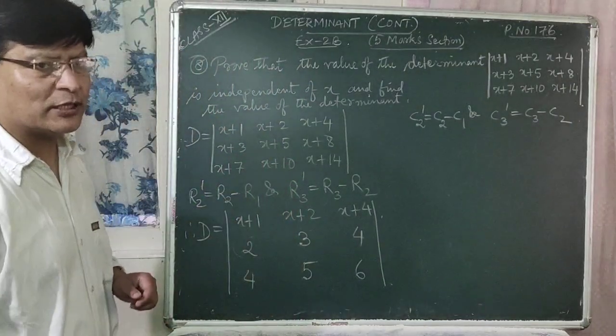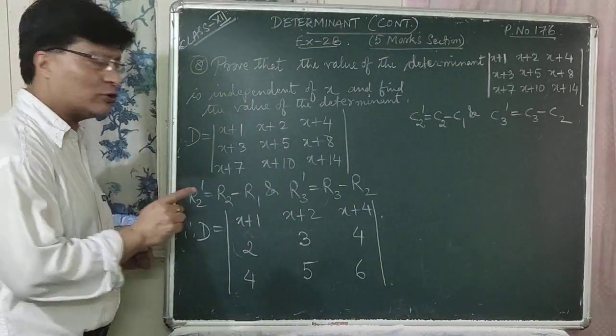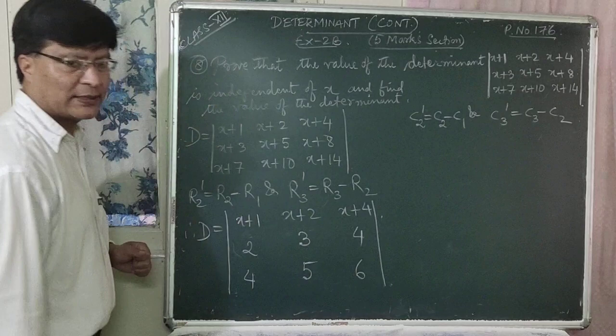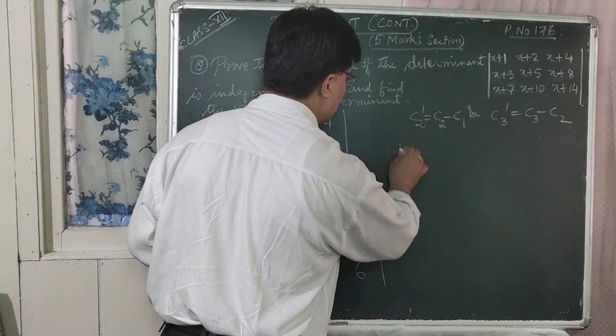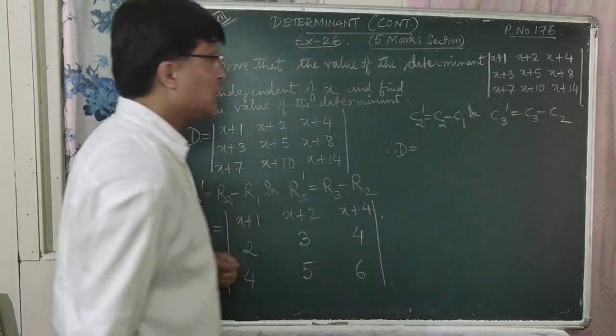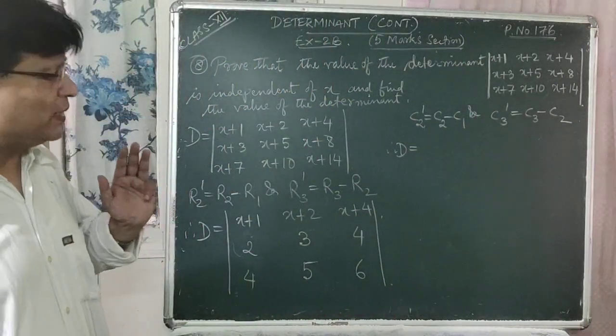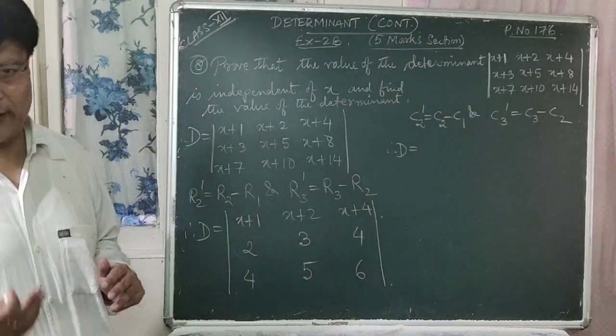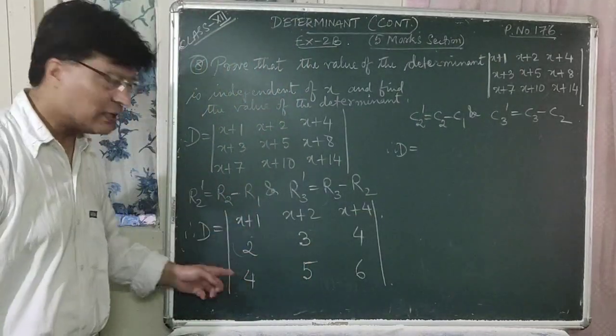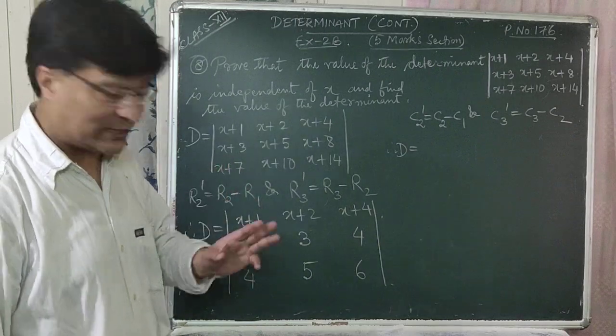So we are using this property in order to remove this x, right? So now, therefore, D is equal to, C2 dash and C3 dash mean that column 2 and column 3 are changing, okay? But the first column remains same.